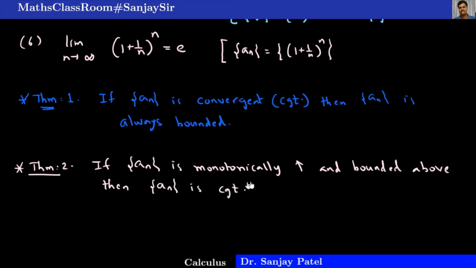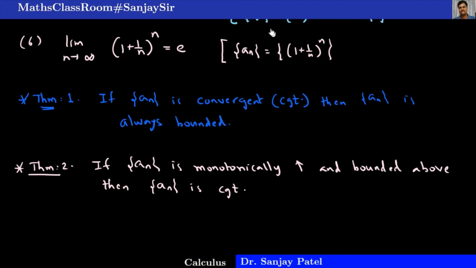Now monotonically increasing means every term is less than or equal to the next term, so an less than or equal to a n plus 1 is called the increasing sequence condition. And bounded above means all terms of the sequence are less than or equal to some real number. And if a sequence has these two properties, increasing and bounded above, then it is always convergent, means the limit of such a sequence always exists.